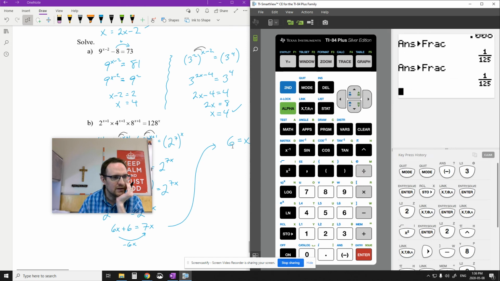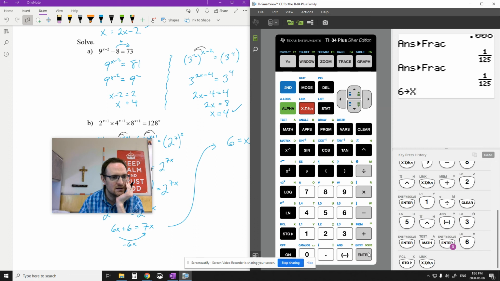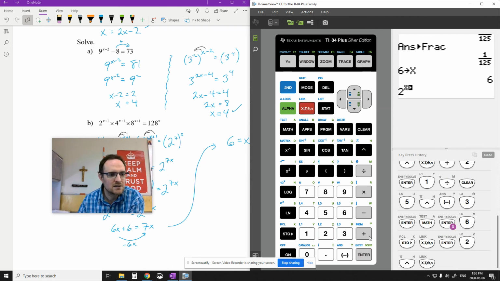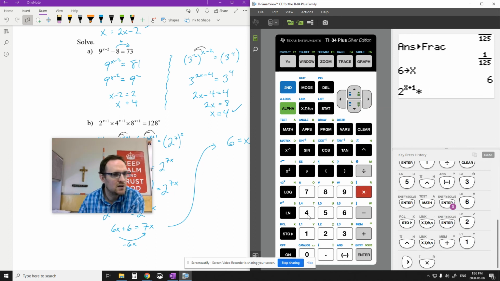Okay. So we found x to be 6. So I'm going to go 6 STO x. So I'm going to store 6 into the x spot, and then I'm going to type in exactly what it says there. So 2 to the power of x plus 1, okay, times 4 to the power of x. You could just do this mentally too.